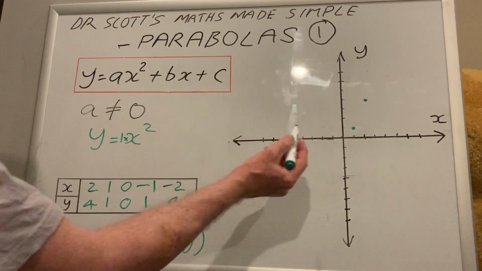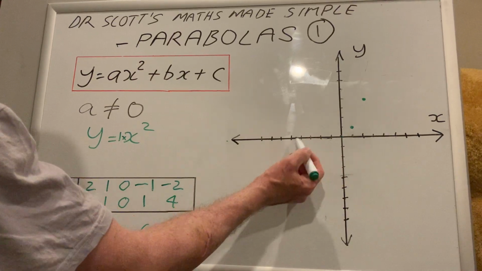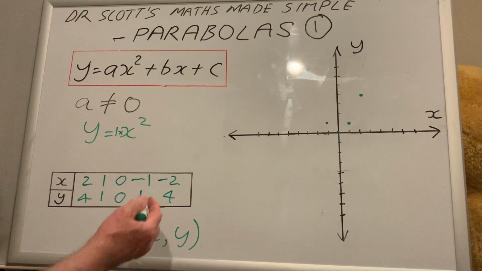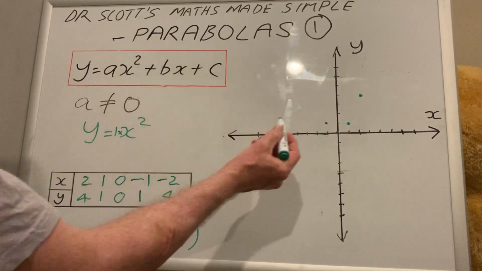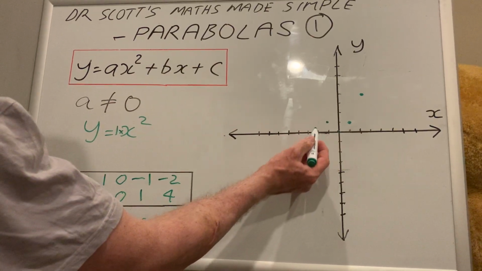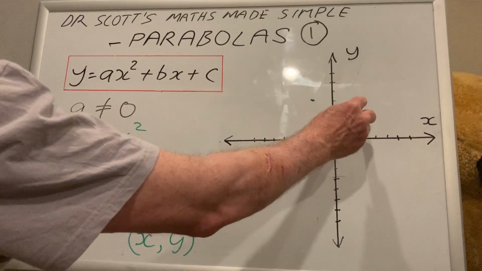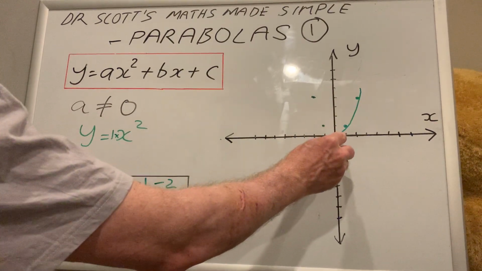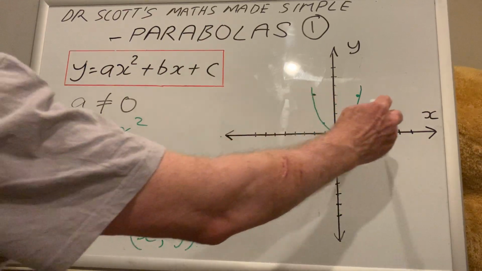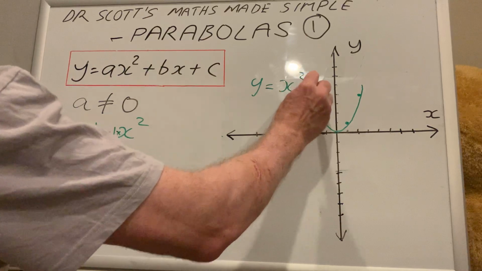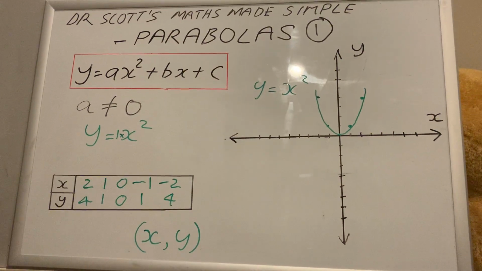Negative 1, 1: negative 1 on the x-axis, because this is the negative side, and positive 1 there. And then negative 2 and positive 4, so it's up there. So what we end up with is a shape like this, and that is y equals x squared. That's the simplest parabola.